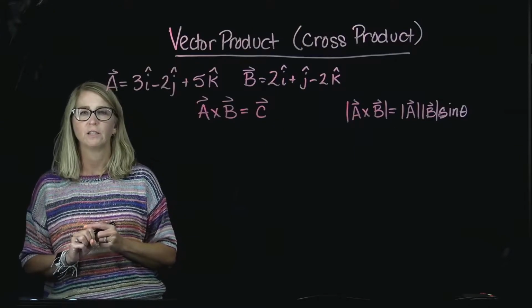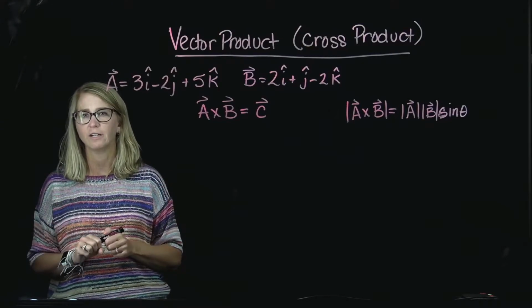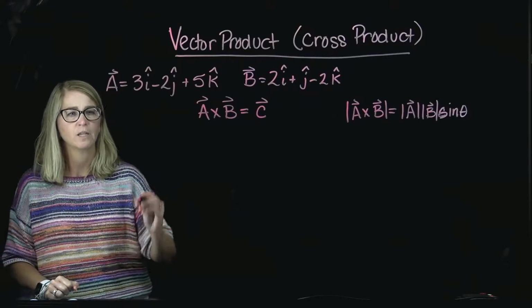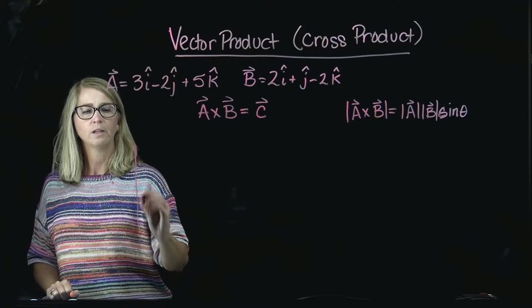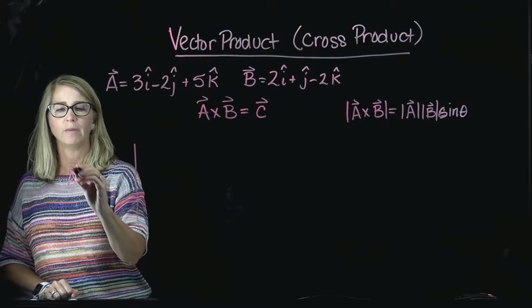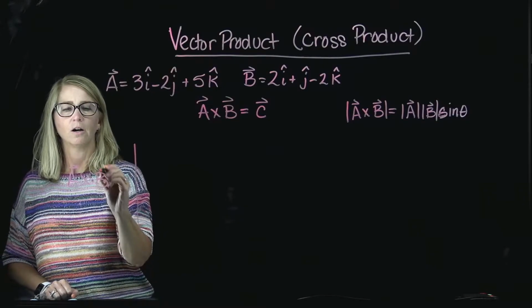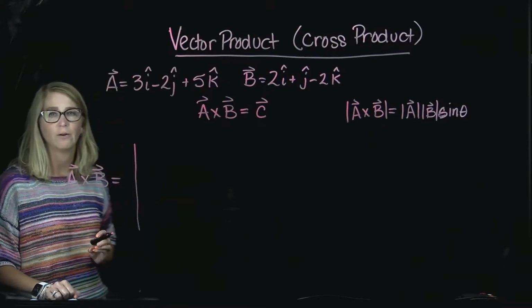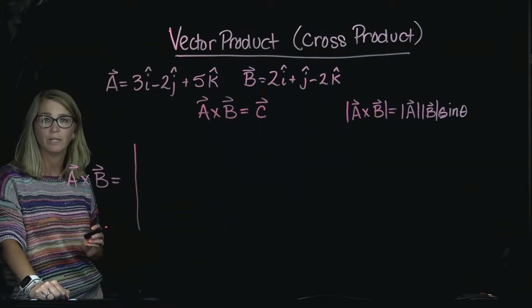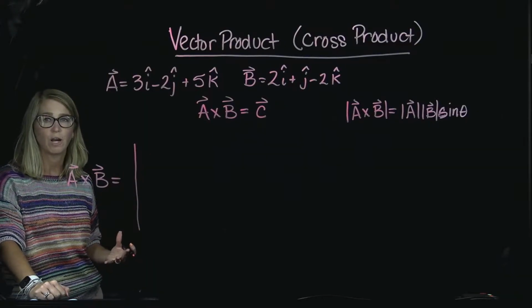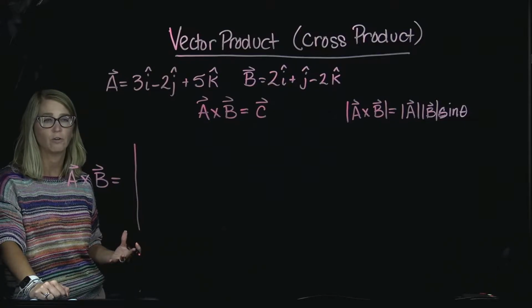So maybe you've seen the idea of finding the determinant of a matrix. We're going to make our matrix so that when we find its determinant, it will give us the vector product or the cross product of A cross B.